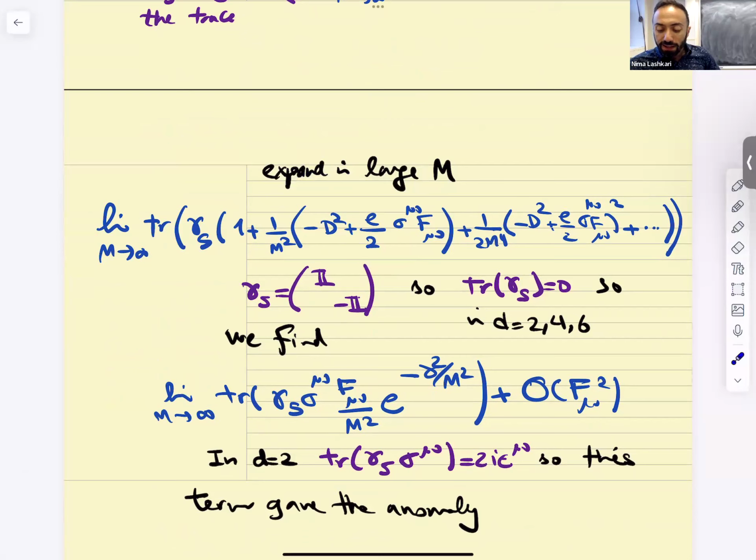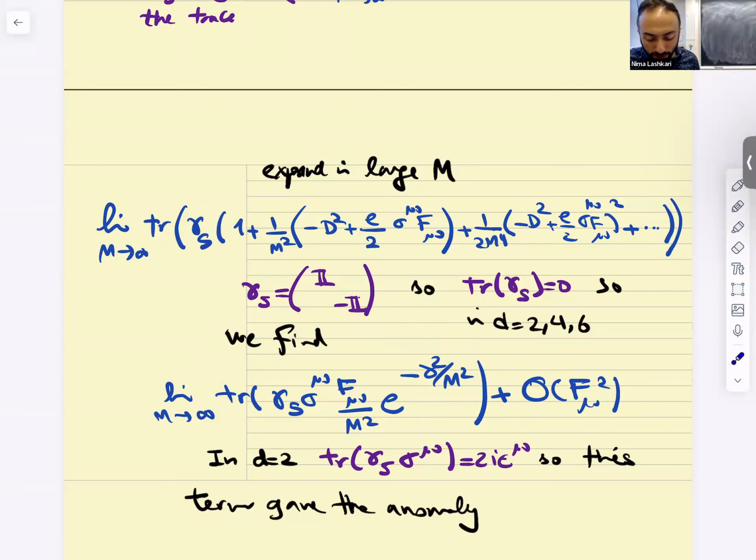As a matter of fact, it's easier to organize all these terms in terms of powers of F mu nu, because every term that doesn't have F mu nu will just vanish. Trace of gamma 5 is 0, right? So let's consider the first order term in F mu nu and then the second order term. The first order term in F mu nu could be written elegantly in this form.